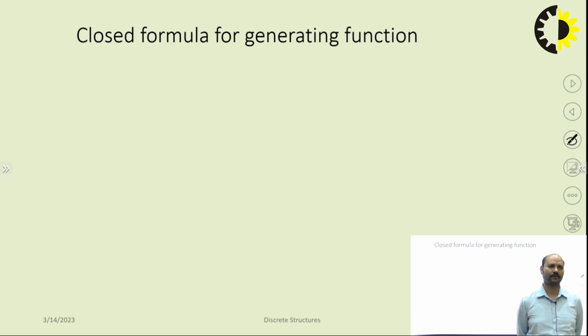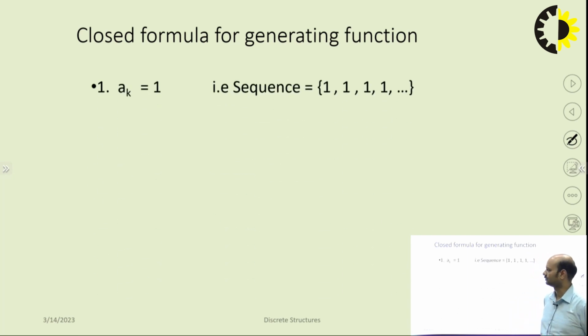Then what is the closed formula for a generating function? Different types of sequences are generated by recurrence relations, so we can identify the solution of a generating function with the help of the closed formula. We assume that our sequence is ak is equal to 1. If we put k equal to 0, what is the value of a0?